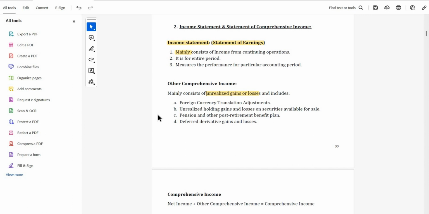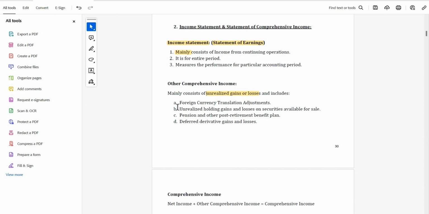Say I bought a material for $100 and I have my company headquarters in India. After 1 year that $100 value in INR has increased. That profit I will record in the foreign currency translation adjustment account. And if the value has reduced, then I will record a loss in the foreign currency translation adjustment.